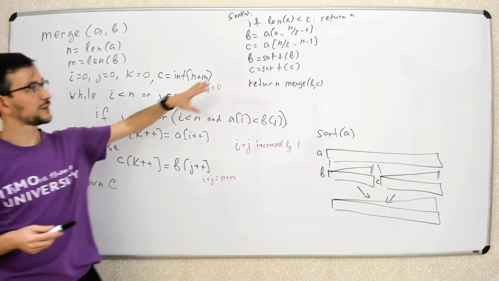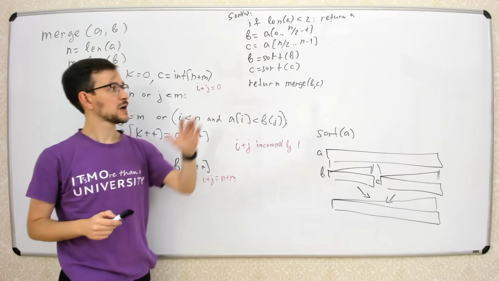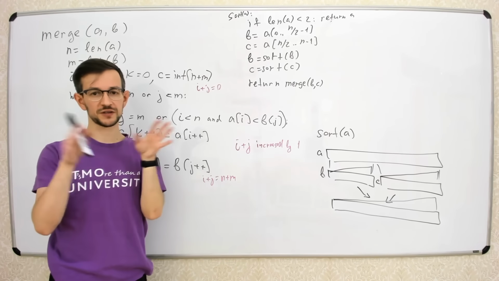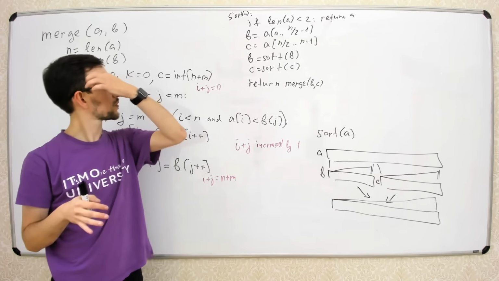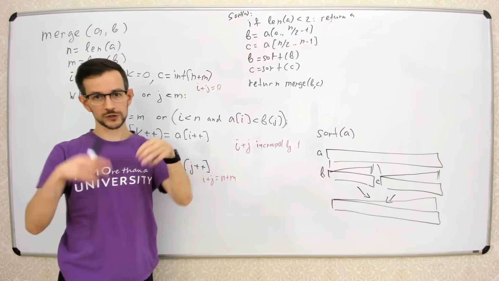So, how to calculate the time complexity of this function? Again, this is a recursive function. We already did a similar thing. So, we have a recursive function, we have two recursive calls.